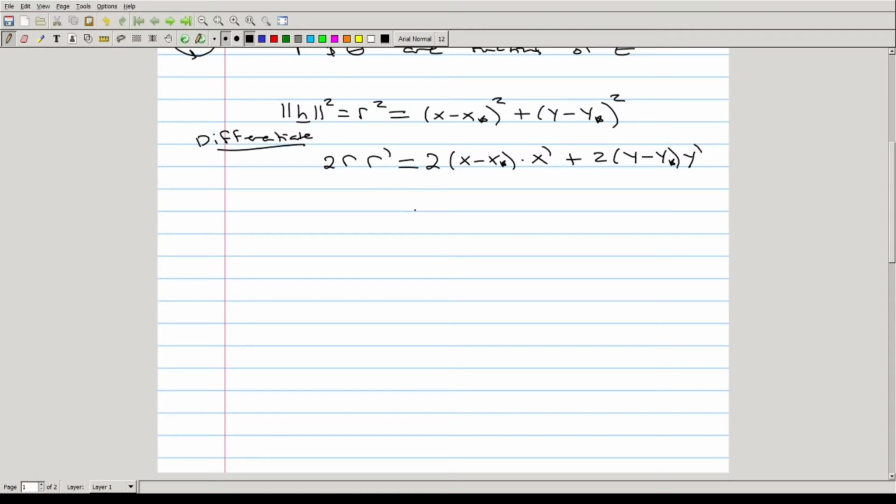This is sometimes a little bit more convenient to write down in terms of h, where this is going to be 2h1 times h1 prime plus 2h2 times h2 prime.